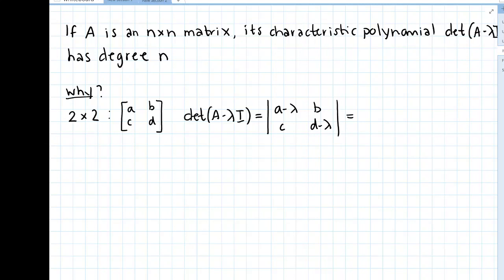The way determinants work for 2x2s, you multiply A minus lambda by D minus lambda, and then subtract BC. So without even multiplying this out, what is the highest power of lambda you could possibly get? It's 2, because you have lambda times another lambda, so this is going to be degree 2.